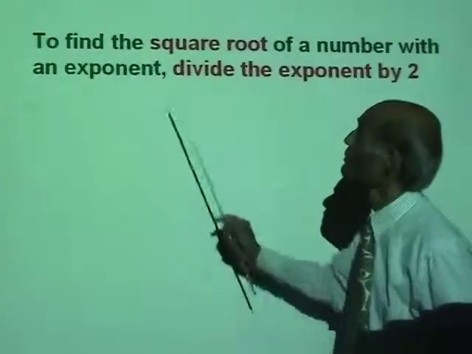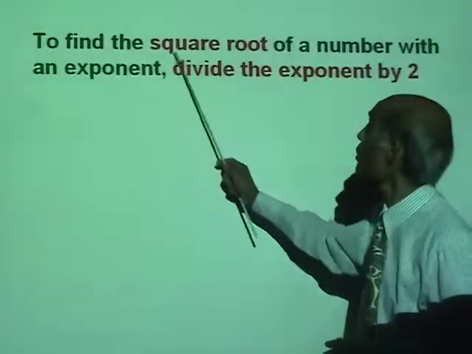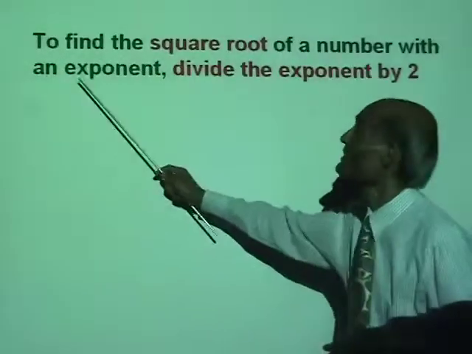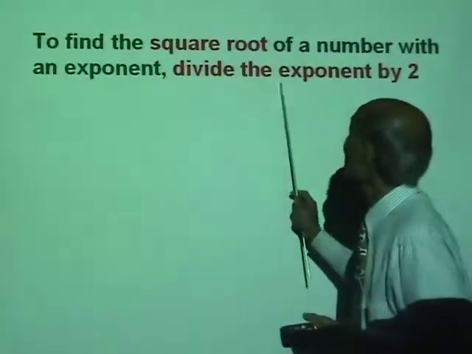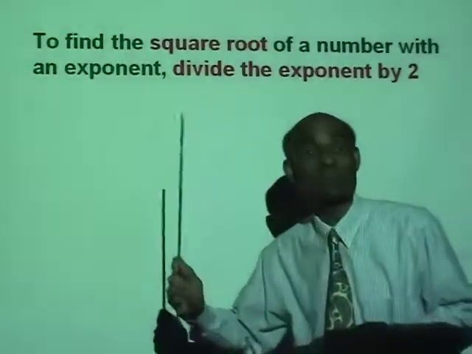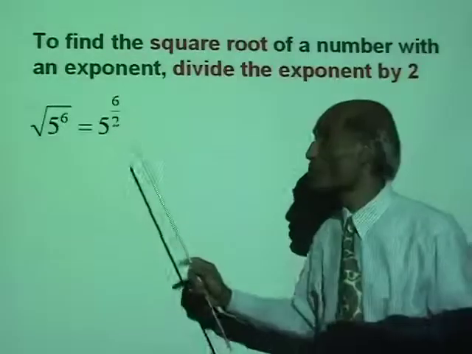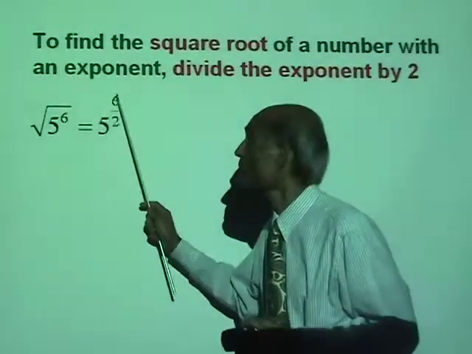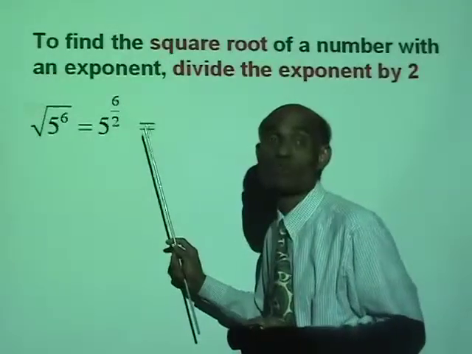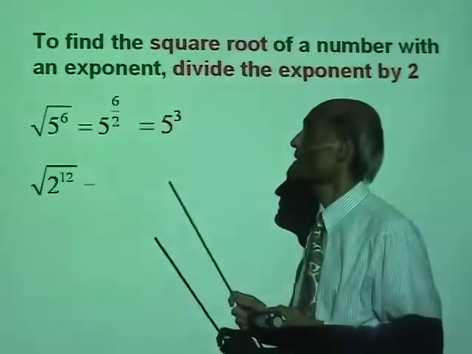So, we have gone through this. To find the square root of a number with an exponent, what do we do? Just divide the exponent by 2. Square root of 5 to the power of 6 is 5 to the power of 6 over 2, that is 5 cubed.